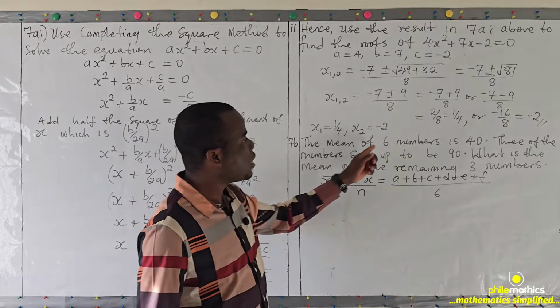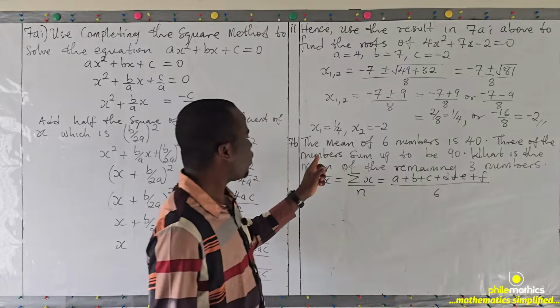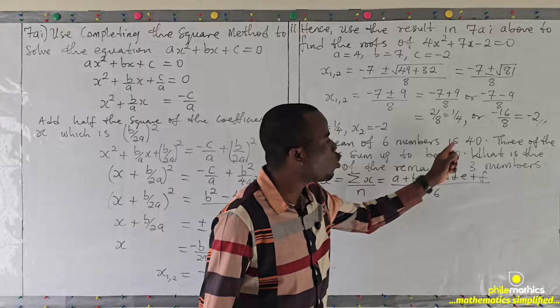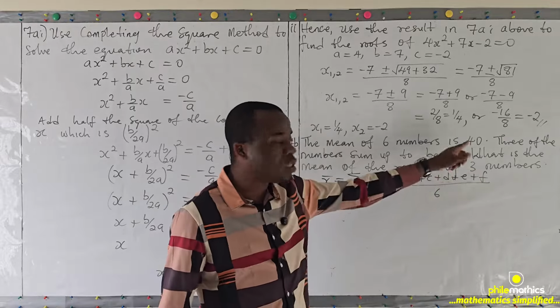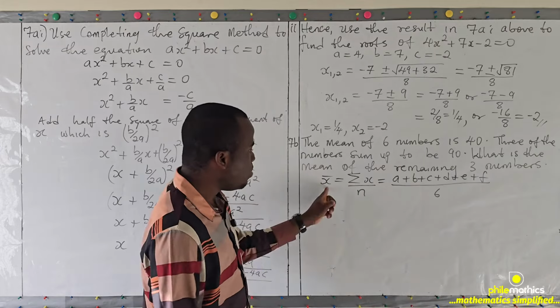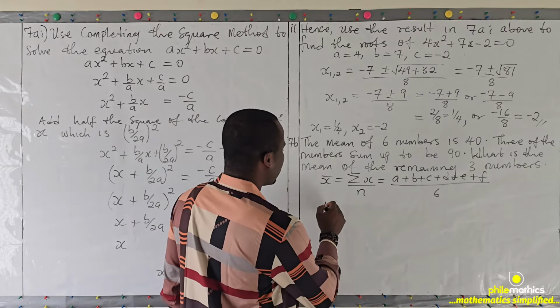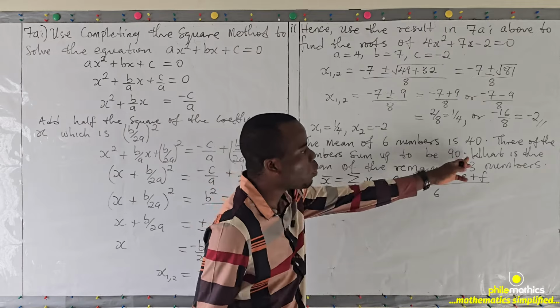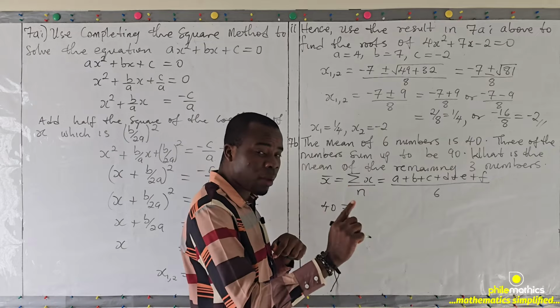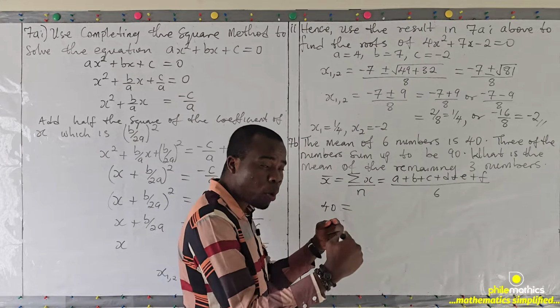However, we're told that 3 of the numbers sum up to be 90, whereas the mean of the 6 of them is 40. So the mean is 40, but 3 of them, let's assume A, B, C, sum up to be 90. Not the mean of the 3 of them, but the 3 of them sum up to be 90.